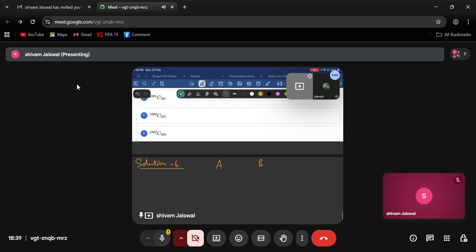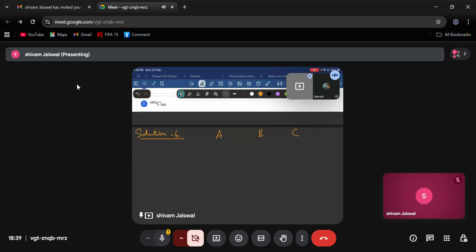At first I'm going to select three couples that are going to be in these three groups. So that can be done in how many ways? Number of ways to select three couples for three groups will be equal to 6C3.